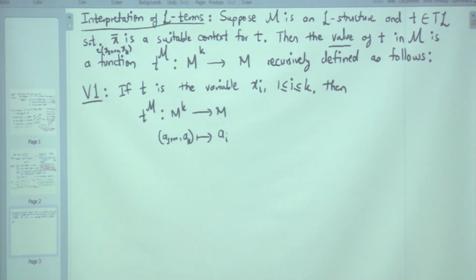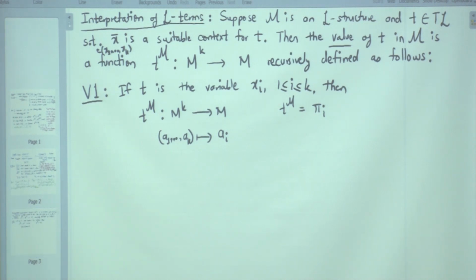That's the only choice. It's the projection map. We are given a k-tuple, and we only choose the ith element. So t^M is equal to the projection π_i in this case.